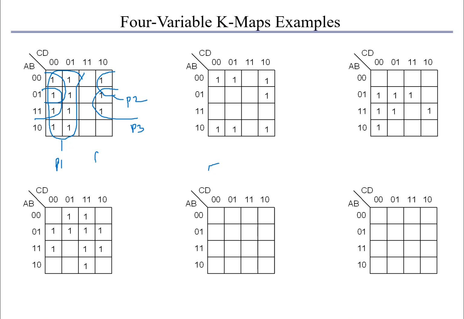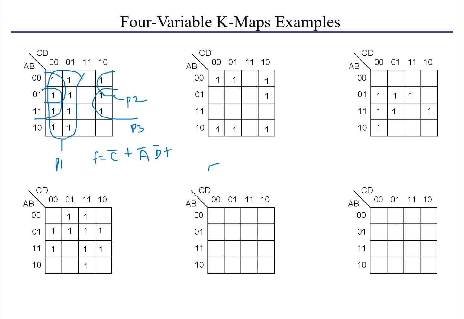Now the simplified Boolean expression F can be written as, for the first product P1, C bar. For P2, as this is 4 ones, we need to write the common term, it is D bar, and for AB the common term here is A bar. Hence we need to write it as A bar D bar. This is the product P2.